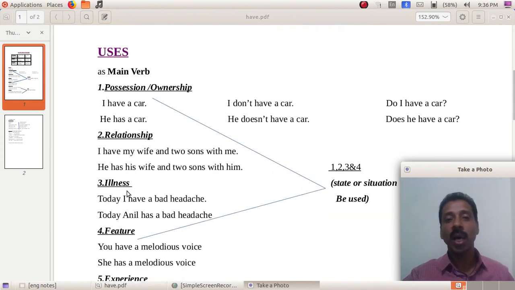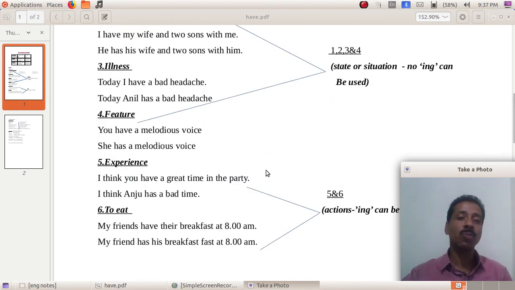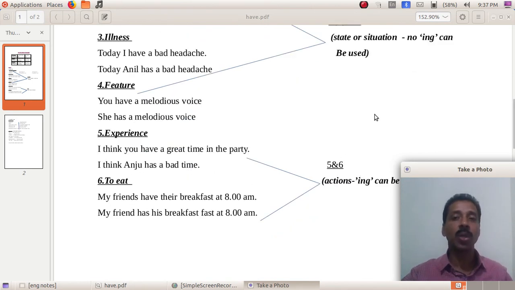And the thing you have to keep in mind is that while we use have or has to show possession, relationship, illness and feature, that is, to show a state or a situation, no ing form can be used. If you use the ing form, that is wrong, so don't use the ing form having in the case of these four uses. But in the case of experience, and when we use it in the meaning of to eat, the ing form can be used, that is acceptable. So these things you have to keep in mind.